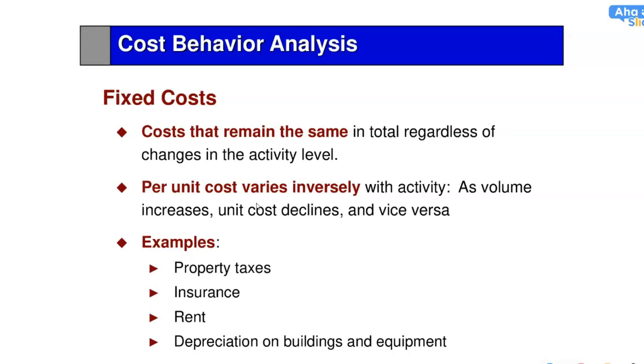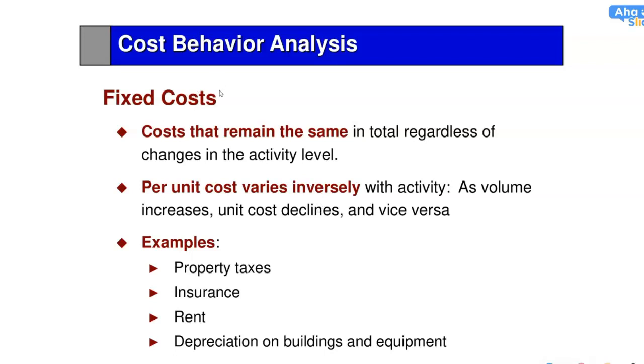I divide the 10,000 rent by the production, one desk. If I produce two desks, the unit cost now becomes 5,000. If I produce 10 desks, the unit cost becomes 1,000. If I produce 1,000 desks, the unit cost will become 100 per desk. So you see the unit cost goes down as activity goes up.